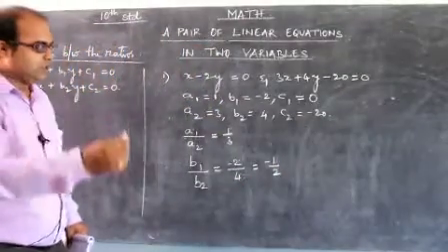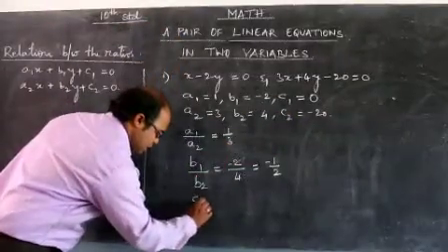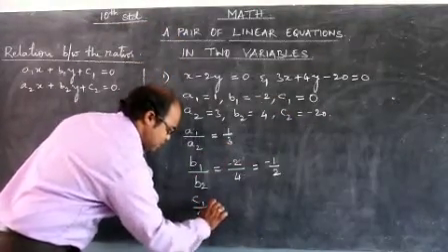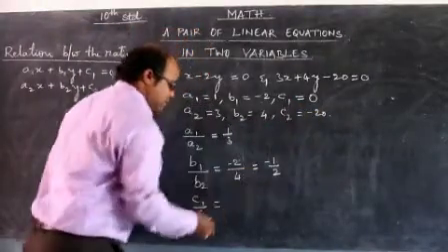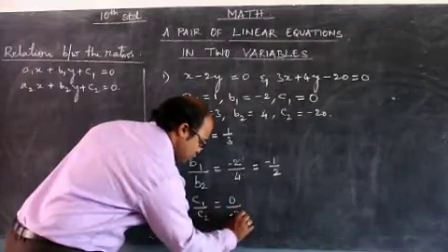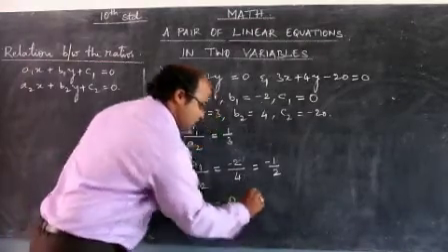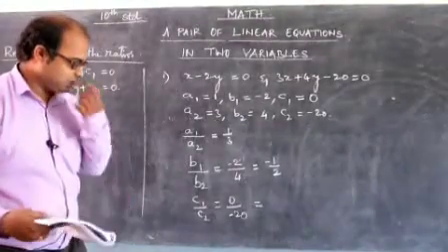Now coming to the third ratio, c1 divided by c2. c1 value is 0 and c2 value is minus 20. So 0 divided by minus 20 is equal to, what is the value? See, I give you an example.